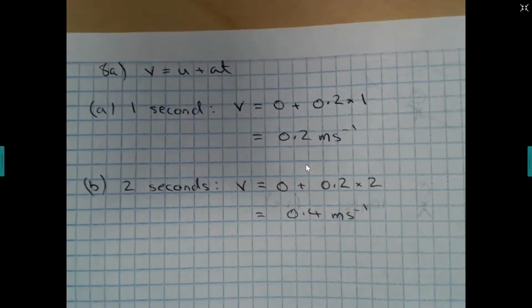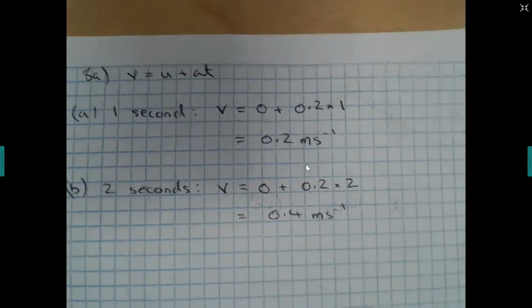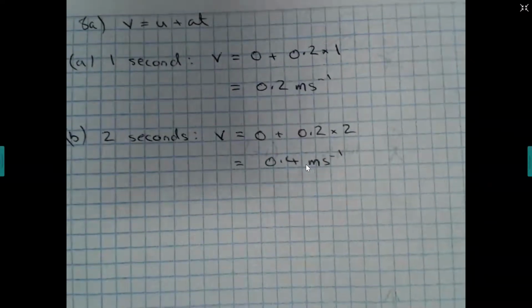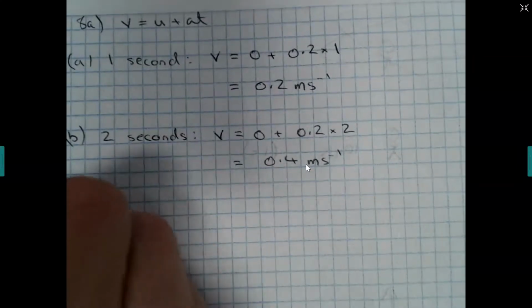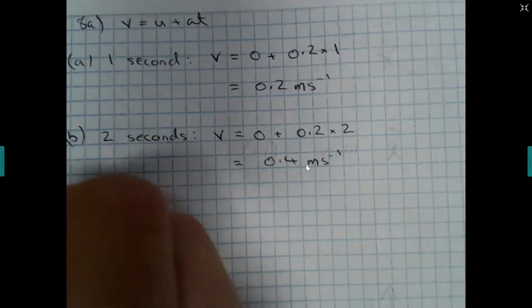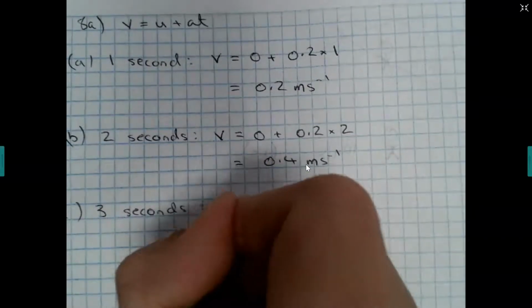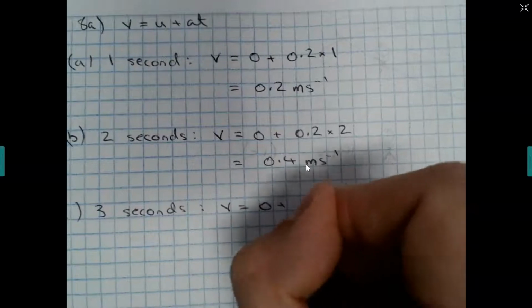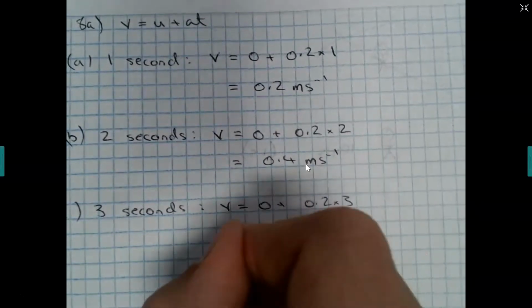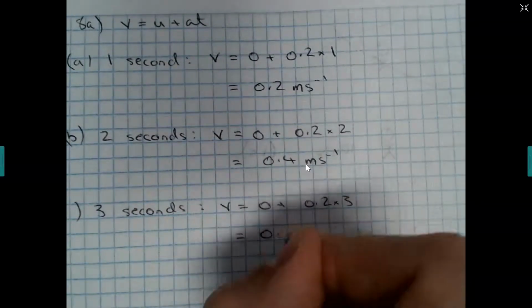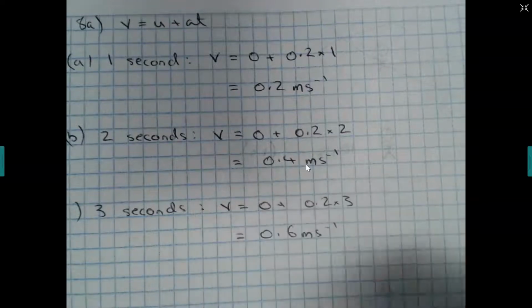So you could have done it in your head, but in a test this would be a very clear way to show how you're determining what you're getting. So C, how many seconds did C ask for? 3 seconds. So V would be equal to 0 plus 0.2 times 3. 0.2 times 3 is 0.6 meters per second.